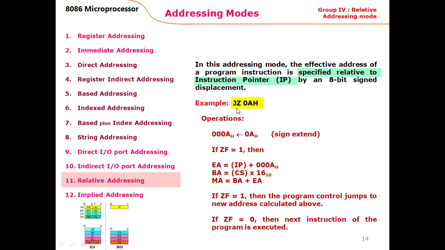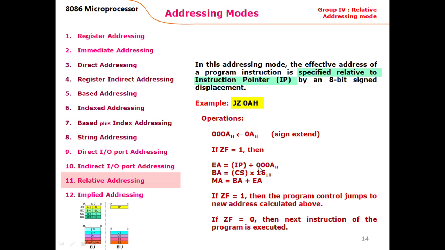If the zero flag is 1, then the jump will happen and these operations will happen. Otherwise, if the Z flag is not 1, then the jump will not happen, and this address calculation will not be needed. So let's assume that the Z flag is 1, so the jump will happen. Then these calculations, these operations, will happen.